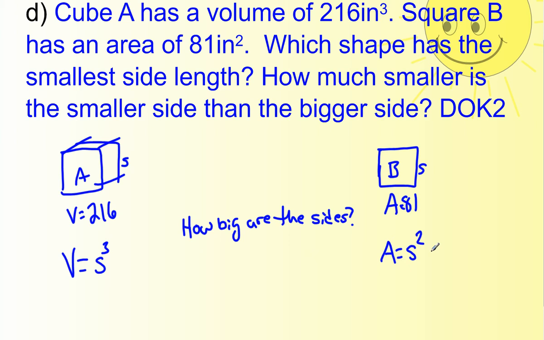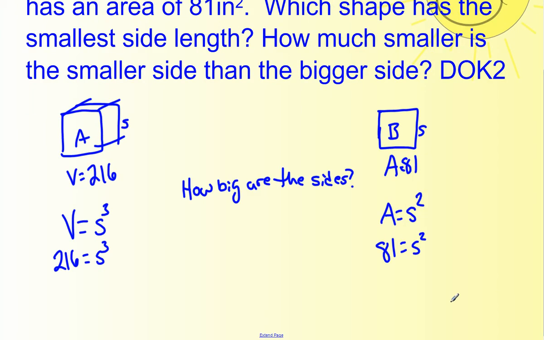If I start plugging in my information, 216 is the volume, s cubed, 81 is the area, s squared, and I solve this, I'm going to find out how big each side is. So for the cube, I need to cube root 216, which gives 6 equals s. For the square, I need to square root 81, so s equals 9.